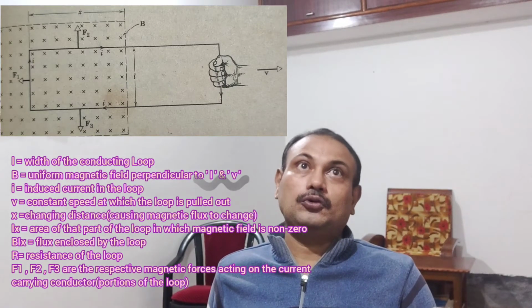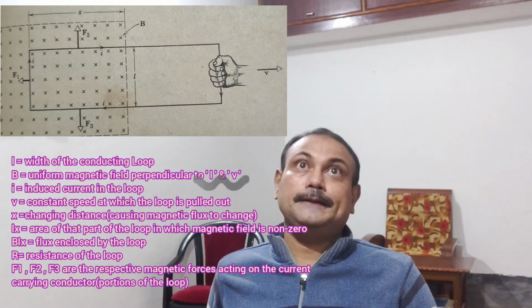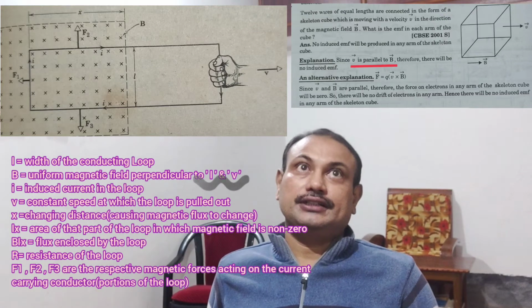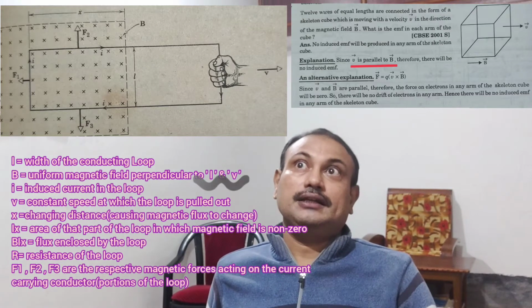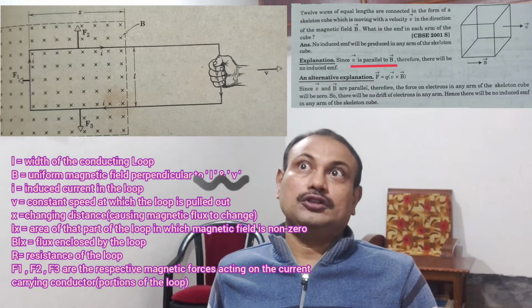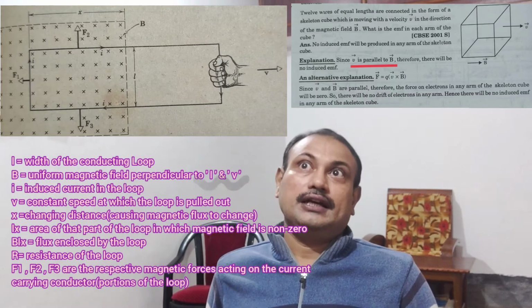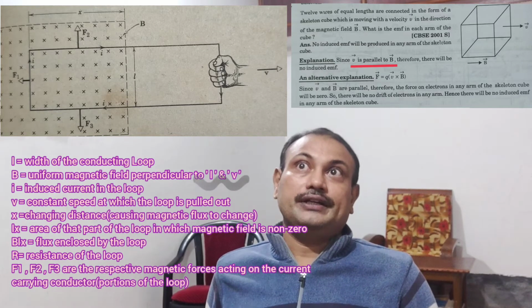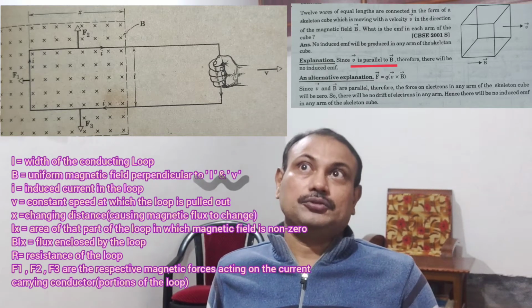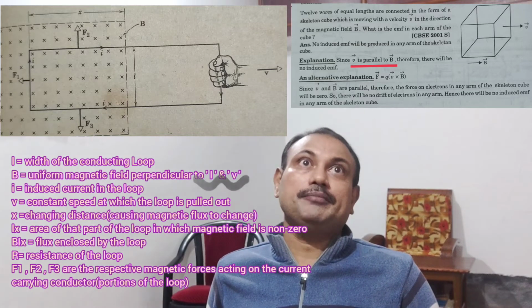It is important to note that if either the length side or the velocity is parallel to the magnetic field, then there will not be any induced EMF, and any other angle will develop certain theta concepts, which will be discussed in our subsequent problem cases.